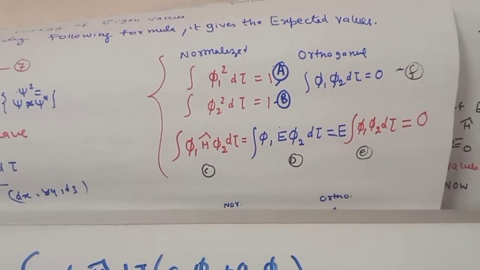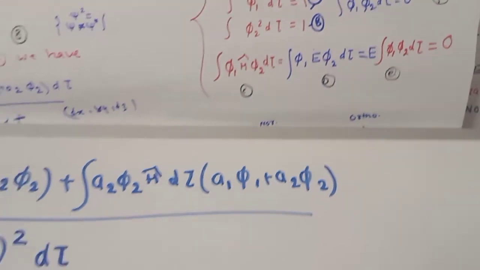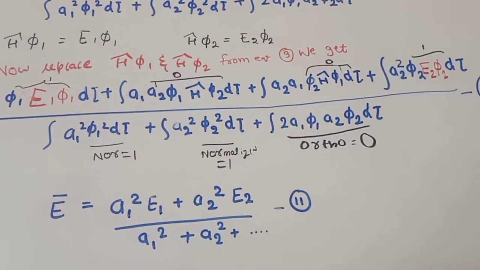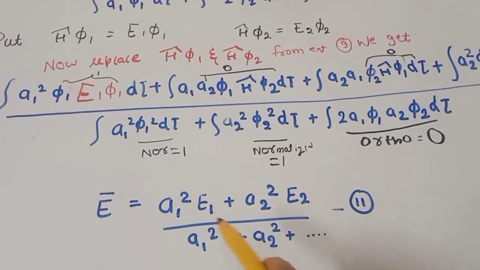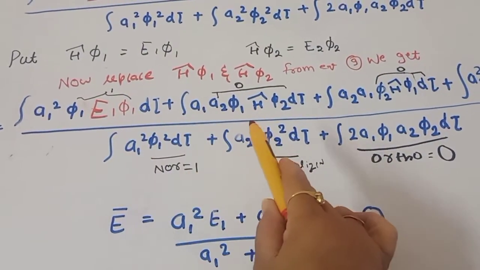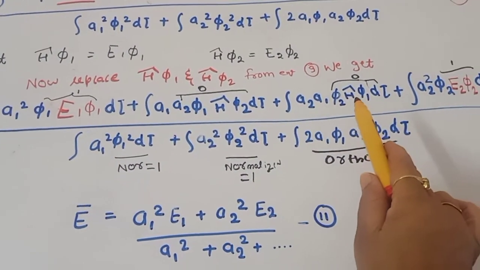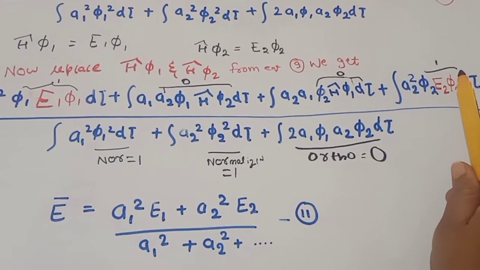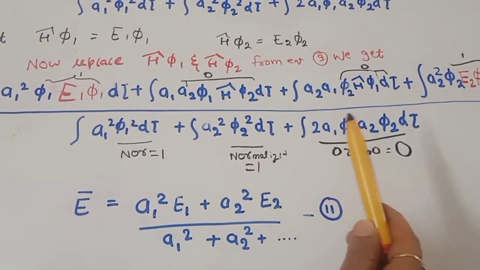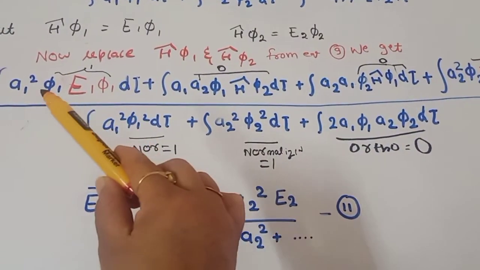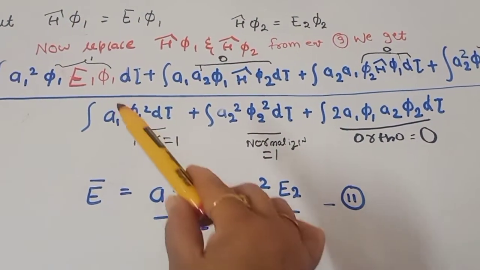So we had applied these normalized and orthogonal terms in our equation number 10. While solving this, this term is normalized, we will put 1, this is orthogonal 0, this is orthogonal 0, this is normalized, so we will put 1 here. Again this is normalized and orthogonal. So what we will get here is a1 square and e1.